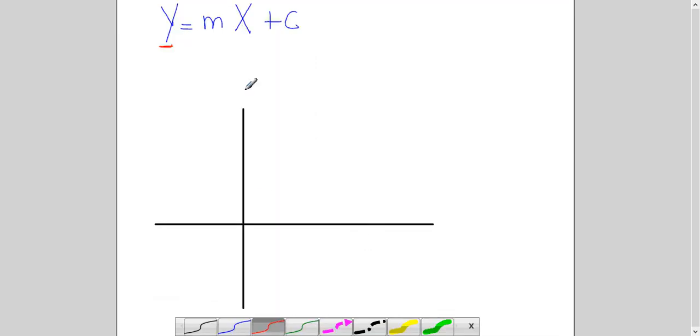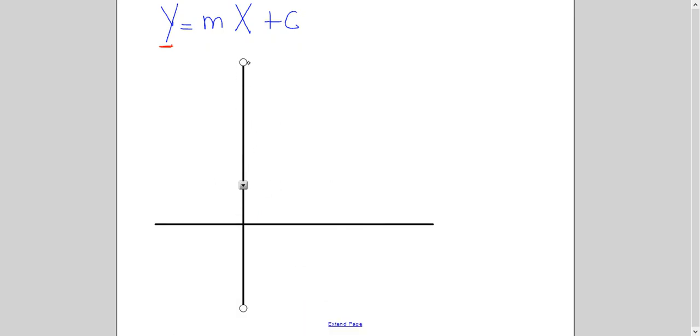Now this is what I was talking about, that your y-axis will not just be y in linear law. It could be any variable which is in the equation, and we will see those also. So here I may have y square, x square, x over y, lg x, ln y, whatever, any variable.